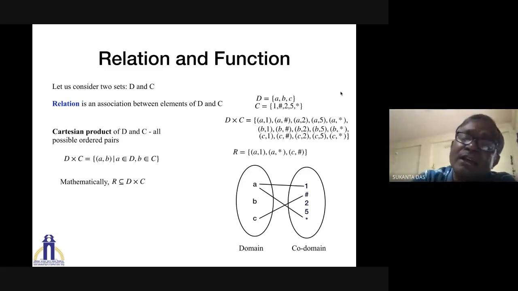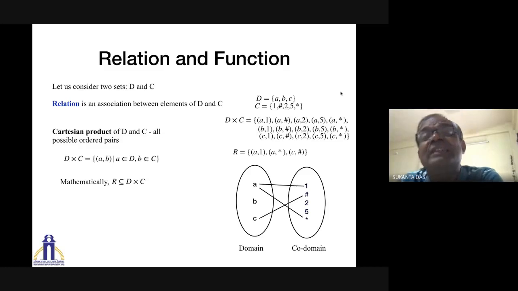So this kind of diagram we generally use to represent the relation pictorially, right? So it gives a better picture of how the elements of domain and codomain are related. So the question is, you can get several kinds of R, several subsets of D cross C, right? So for each subset, I can get a relation.